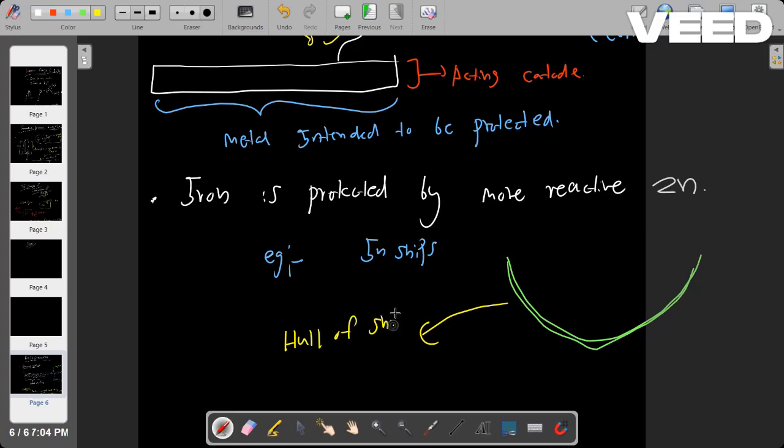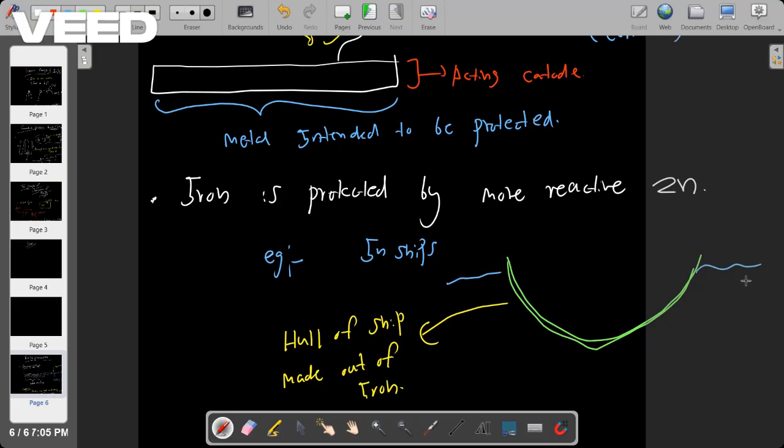Now you know it is always exposed to what? Salt water, sea water.